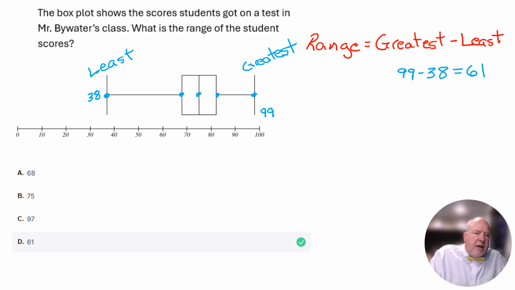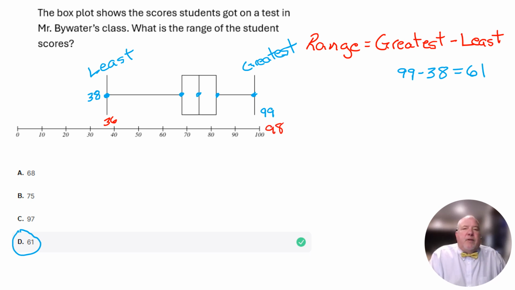And so if I look at my answers, now remember, I estimated the 99 and 38 and got 61. I just happened to get it exactly right. And that's the answer. But let's say you estimated it differently. Let's say you estimated this at 36 and this one at 98 maybe.